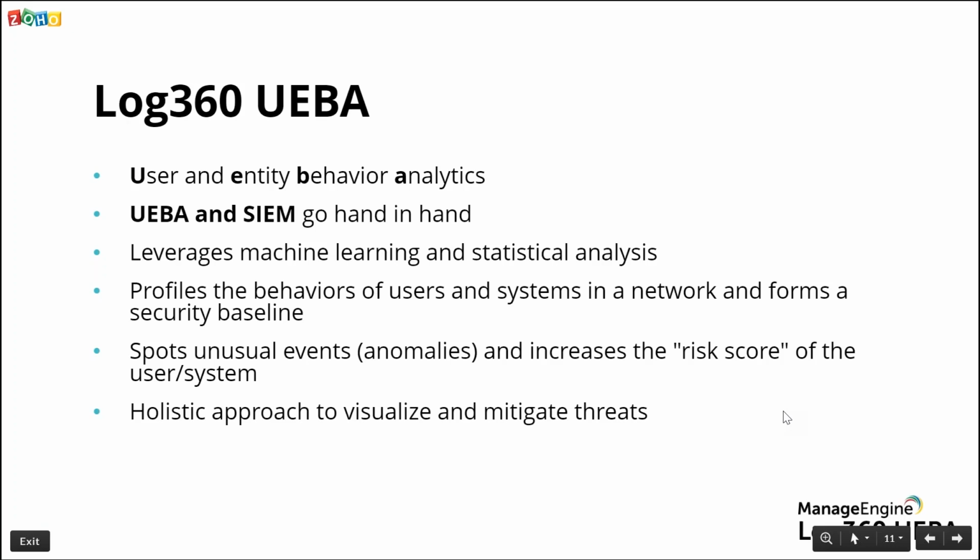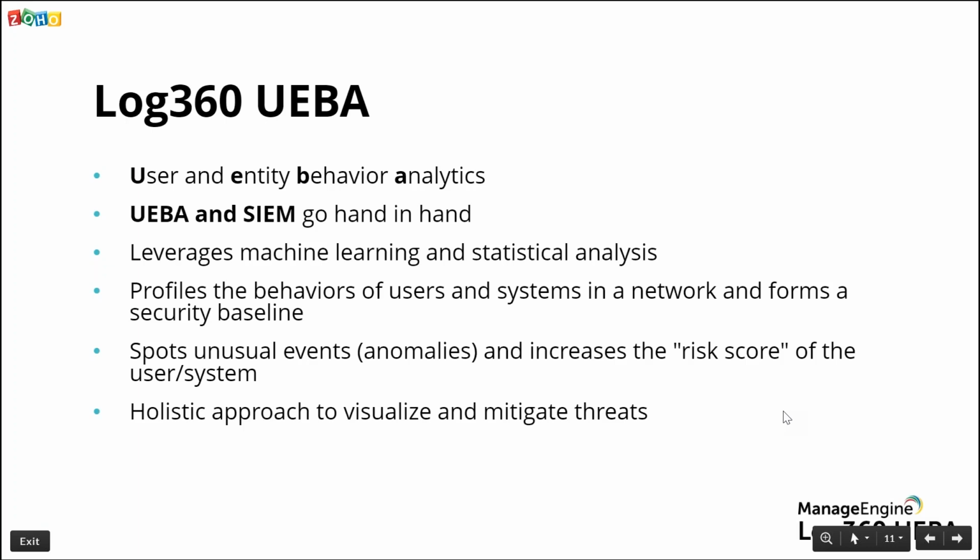And what UEBA does is it's able to profile the behaviors of every user and system in your network to form what we call a security baseline, right? Once the security baseline has been formed, the UEBA solution can then spot unusual events.